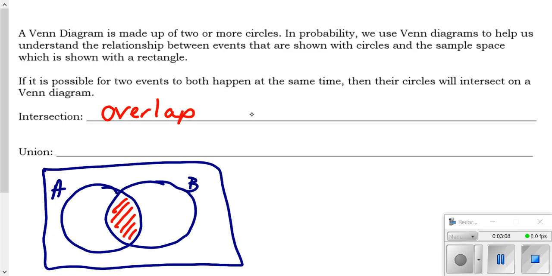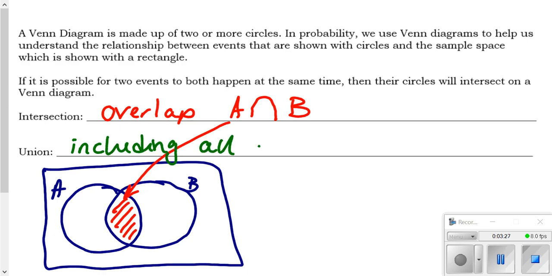A symbol for it is, sometimes you see this symbol, which is like an upside down U shape. So we could say A intersect B is this red part right here. And then union is including everything. The way that that is sometimes written is with a U, like U for union.